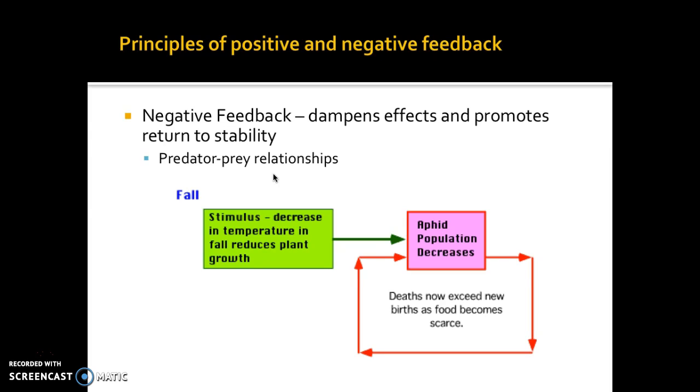So with the foxes and the rabbits, if the foxes eat too many rabbits in one season, the fox population grows a little bit and the rabbit population falls. Then the next year, if there were not that many rabbits, the foxes wouldn't have that much to eat, and the fox population would thus decrease, allowing the rabbit population to bounce back again.